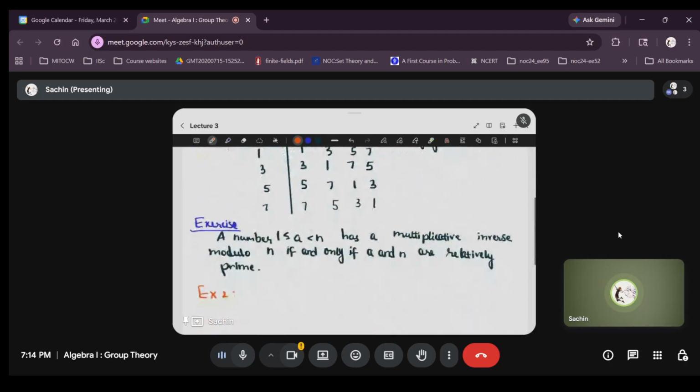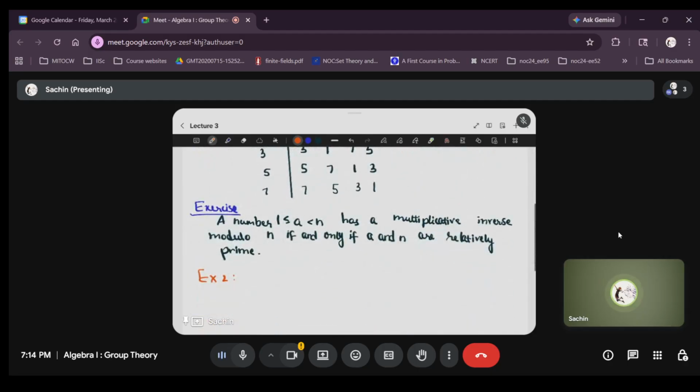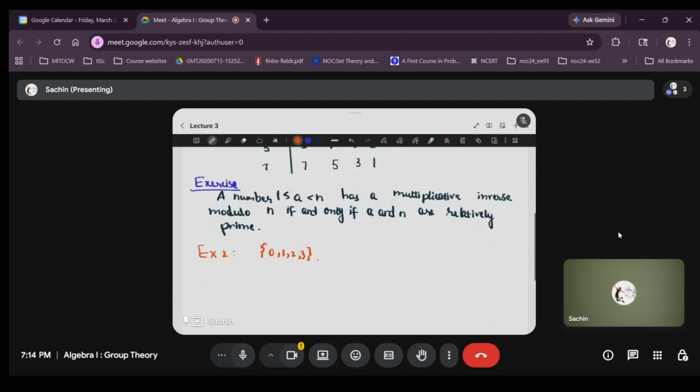So for the next example, this is a non-example. Take the set Z4, which is 0, 1, 2, 3. This is not a group under multiplication modulo 4.